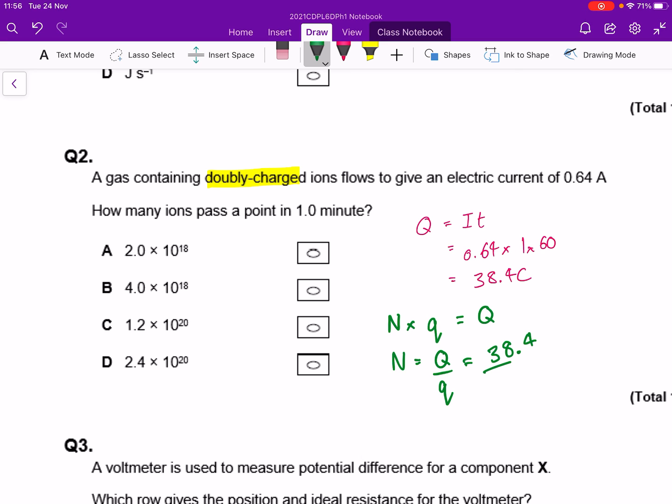And then what's the charge on one of these ions? Well, they're doubly charged. So it's 2 times 1.6 times 10 to the minus 19. Plug that into my calculator. That gives me 1.2 times 10 to the 20, and therefore C is the correct answer here.